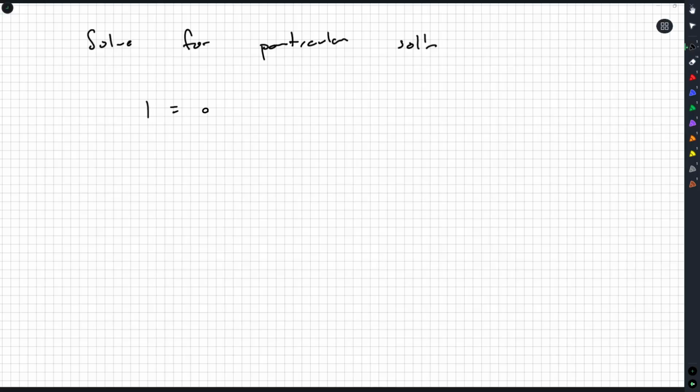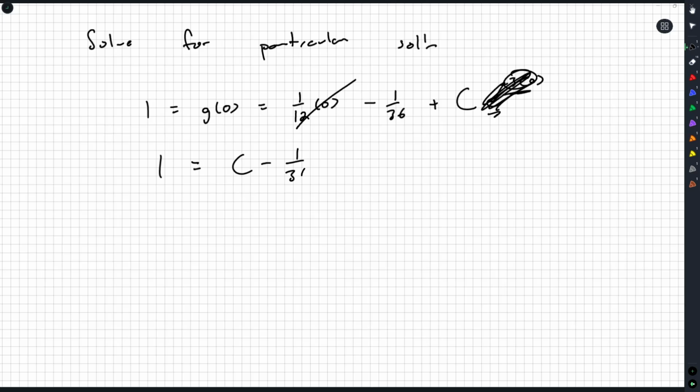So we know 1 is g at 0, but we know g at 0 can be 1/12 times 0 minus 1/36 plus this c e to the minus 3 times 0. Just double checking. Yep. So that goes away. E to the minus 3 times 0, well, that's e to the 0. E to the 0 is 1. So really we have 1 is c minus 1/36.